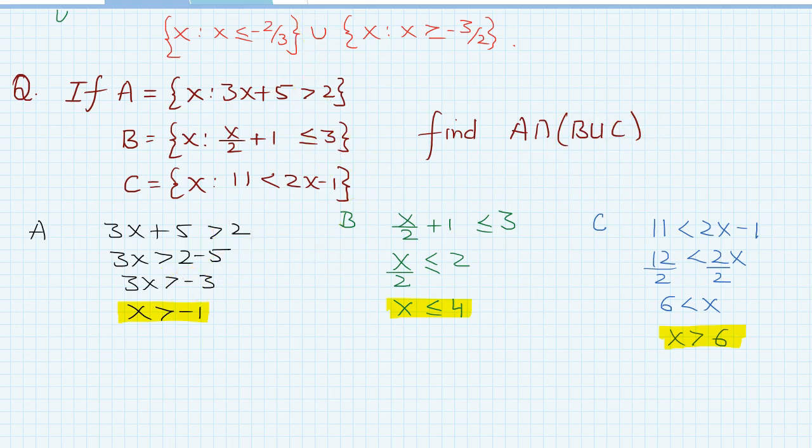Let's draw all together. So let's say this is 0, 1, 2, 3, 4, 5, 6, 7, and this is minus 1, minus 2. Let's talk about the first inequality, and that is x is greater than minus 1.